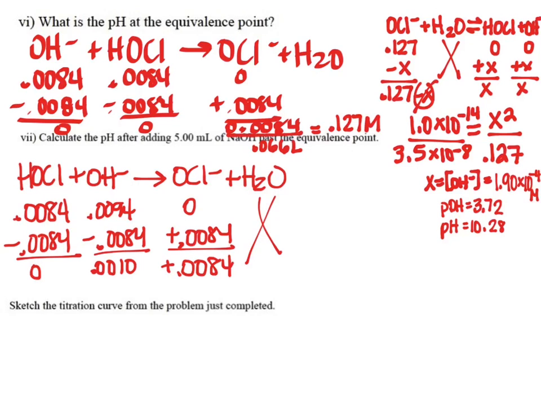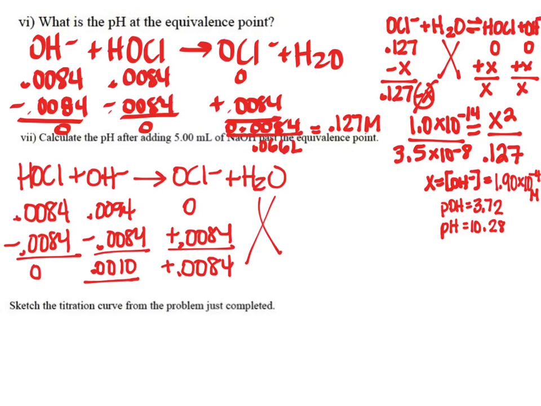So we have the moles of hydroxide divided by the total milliliters or liters, which would be, we had 71. 24 of the acid is in there.